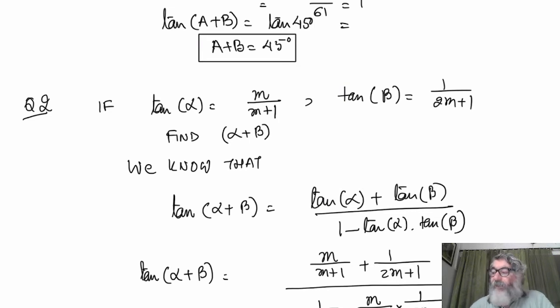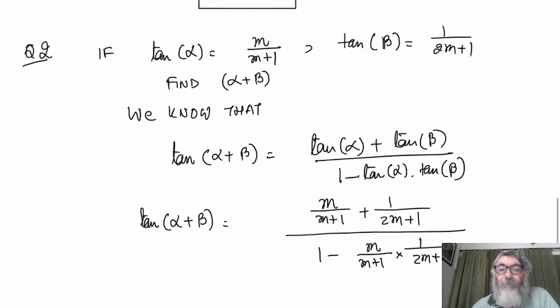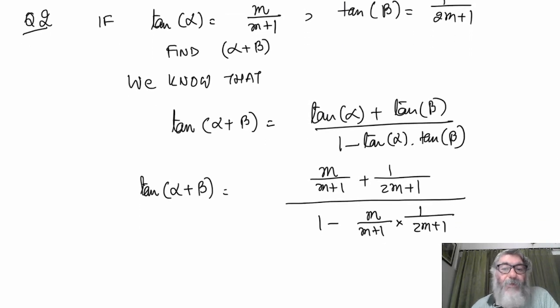Again, in the numerator as well as denominator, the LCM will be what? m plus 1 into 2m plus 1. So LCM will cancel with each other. The numerator LCM will cancel with denominator LCM, and we will be left with what?